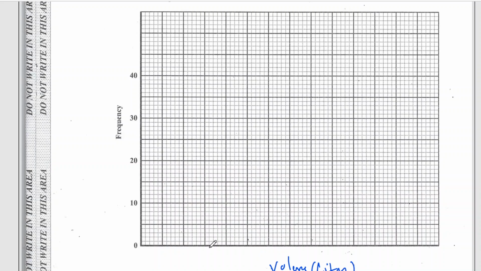So in this question, our boundaries is 10.5. So I will put 10.5 here, and then 20.5, and then 30.5, 40.5, 50.5, 60.5. We're going up to 60.5 and then 70.5.